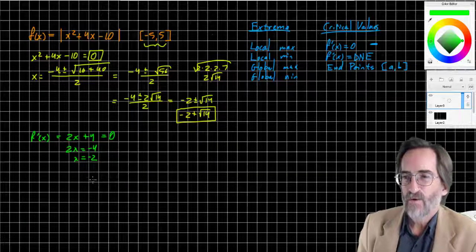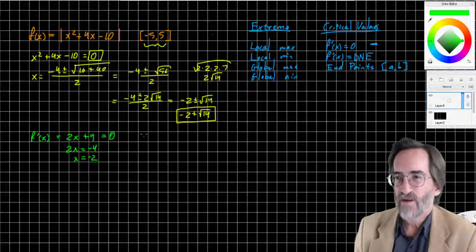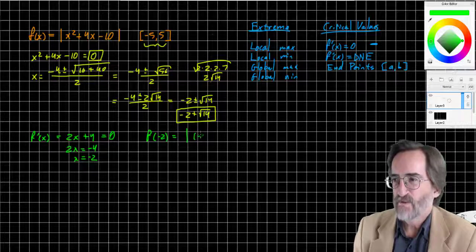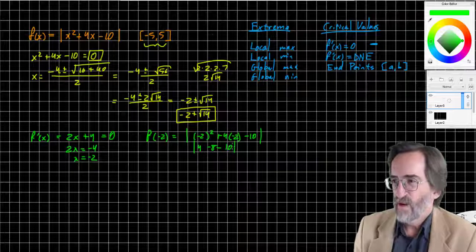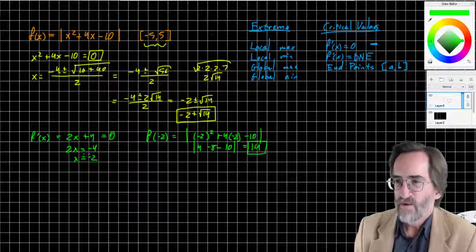That is a critical value. Let's find the function value at negative 2. F of negative 2 is the absolute value of negative 2 squared plus 4 times negative 2 minus 10. That's 4 minus 8 minus 10, which is negative 14, and the absolute value is 14. So negative 2 produces an output of 14.